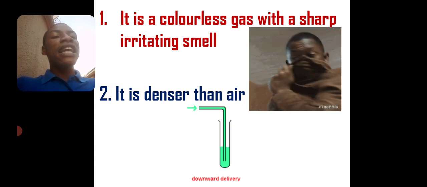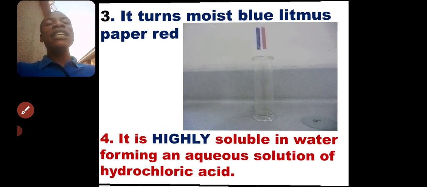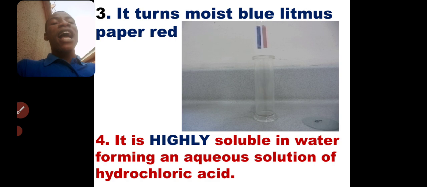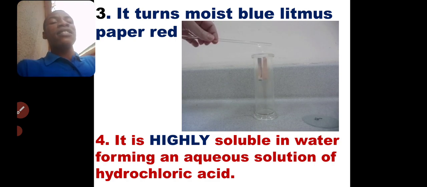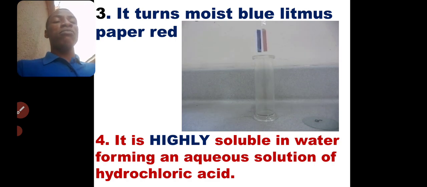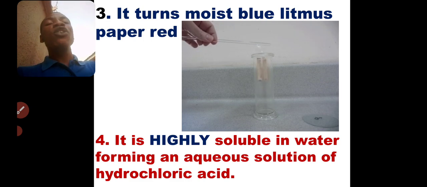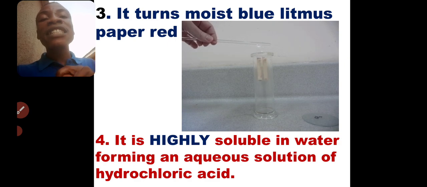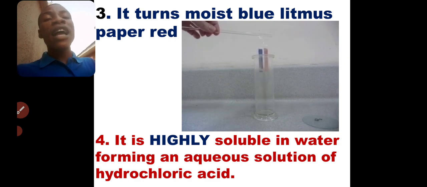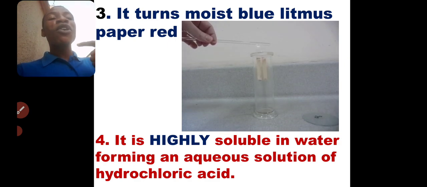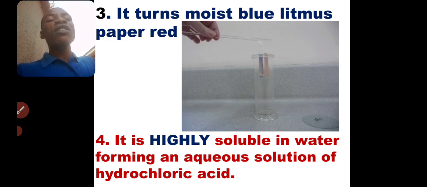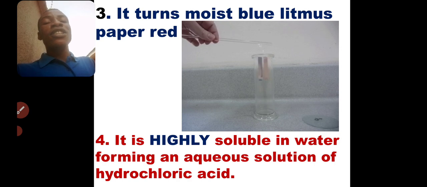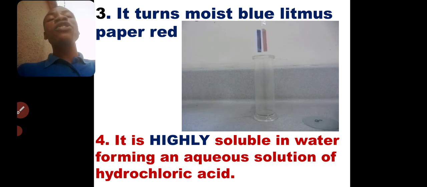Number three, it turns moist blue litmus paper red, as you can see on this screen. When you put a moist blue litmus paper inside a gas jar containing HCl gas, it turns red because the moisture will make the gas dissolve to form hydrochloric acid. So the acid will turn the litmus paper red.